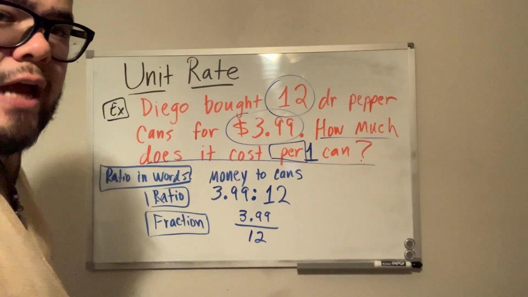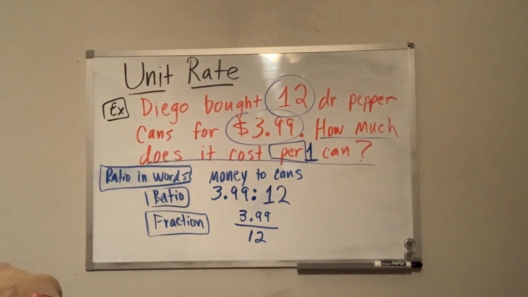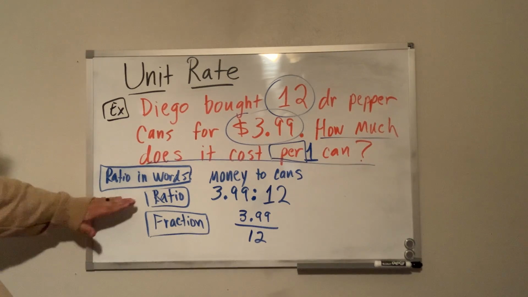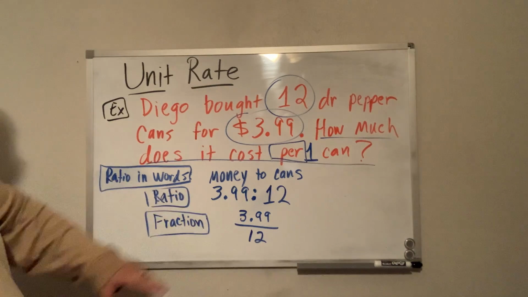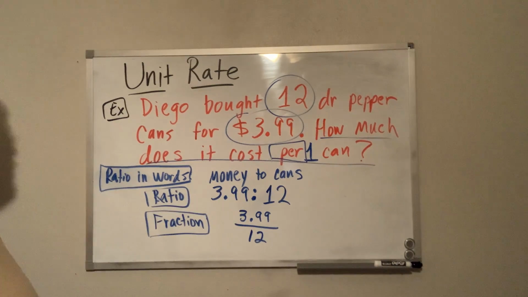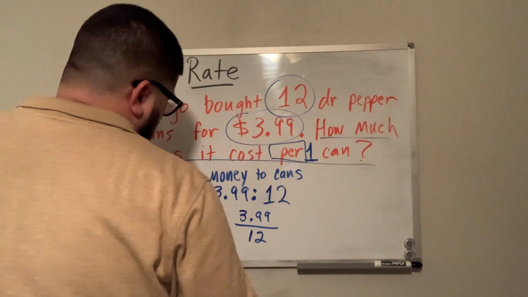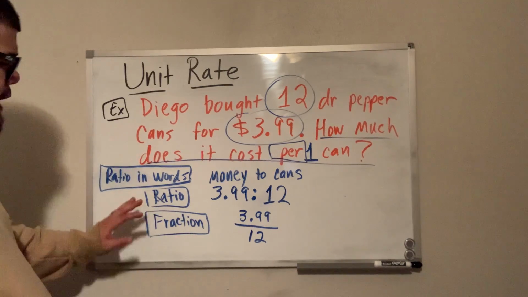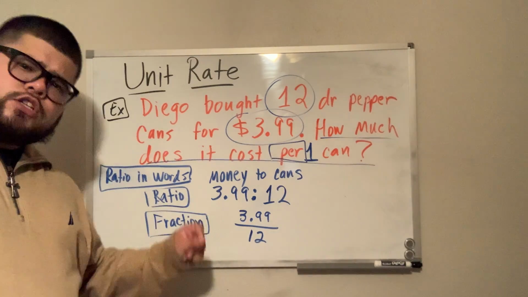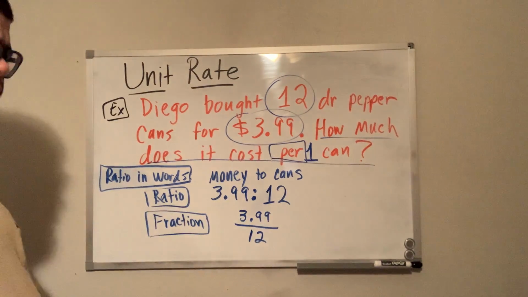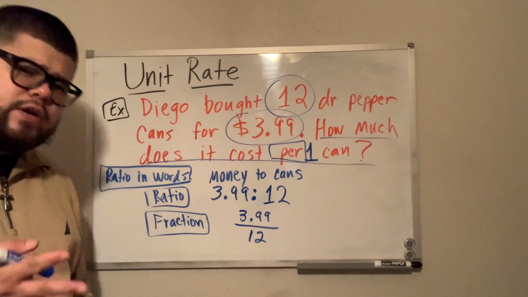So make sure you have this written down. I am going to go ahead and erase this here in a second. Make sure you have everything written down. We have the ratio in words, the ratio in numbers, and we have the fraction. Now we're going to go ahead and do what we need to do here for fraction. Fractions are just what type of problems?